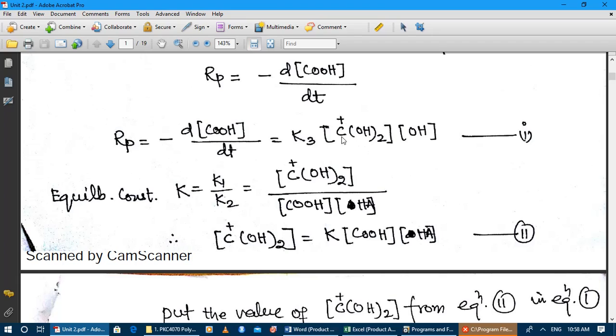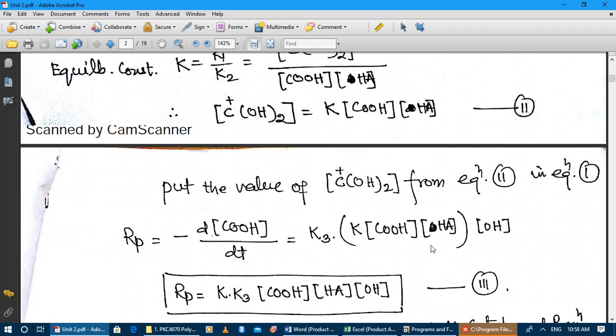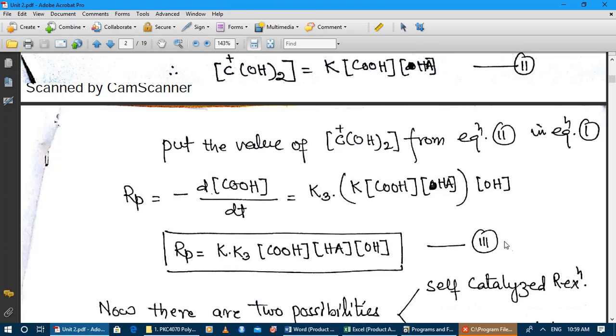In this equation 1, we will replace this value with K[COOH][HA]. So the rate of polymerization, which is equal to the rate of disappearance of monomer, will be equal to K3 times capital K times [COOH][HA] multiplied by the concentration of the second monomer, which is the hydroxyl group.